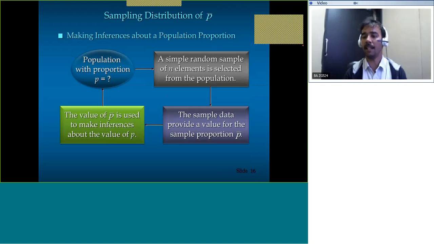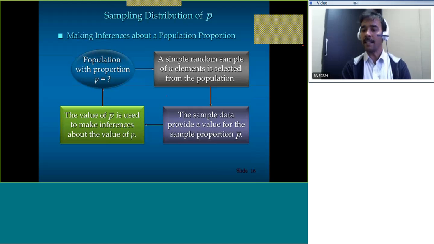But please remember that this sample may vary from person to person. That's why the sample proportion may vary from person to person. So it is not a constant. It is a random variable, depending upon the sample which we have calculated.